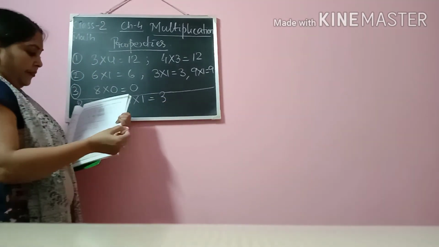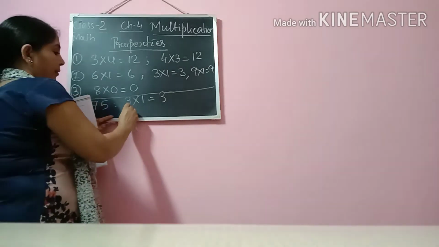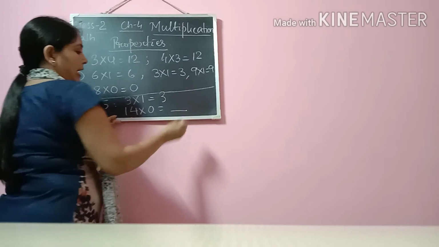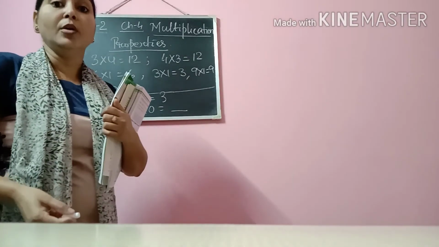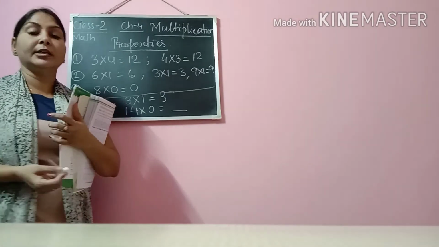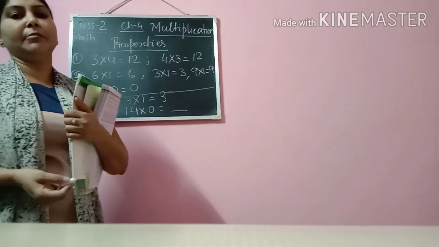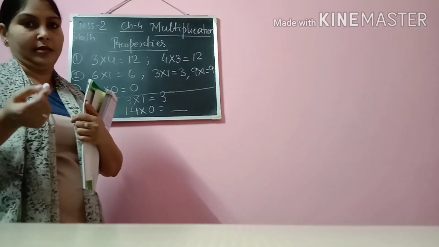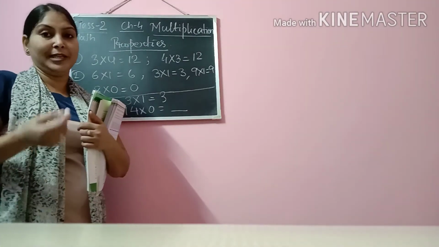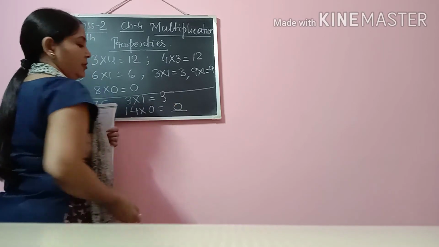And say for example 14 into dash is equal to dash. 14 into 0 is equal to dash. Now you may say that, ma'am, I don't know the table of 14. You don't need to know the table of 14. Just apply the property. What the property says, any number when you multiply by 0, the answer is 0.